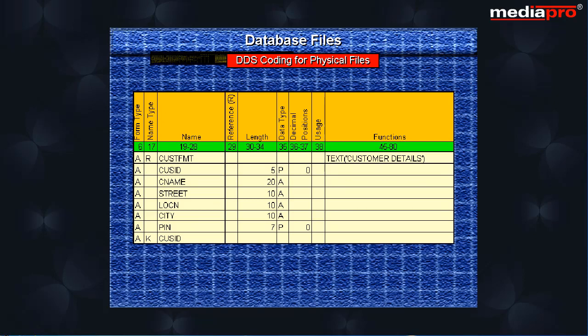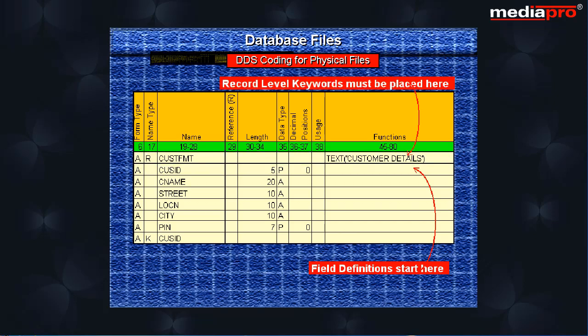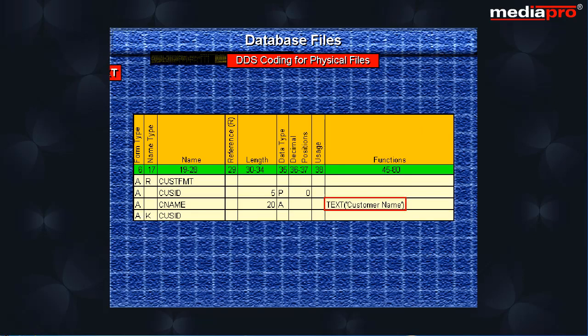Similarly, keywords that appear at the record level, that is either on the same line as the record format definition or before any of the field definitions, are called record level keywords and are applicable only to this particular record format in the file. The text keyword is used to specify descriptive text for the record format or field. The description is coded within parentheses like this.